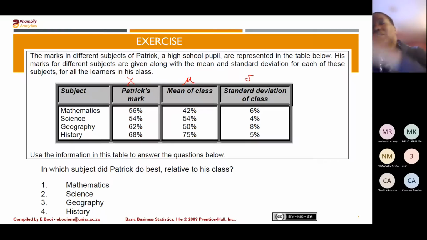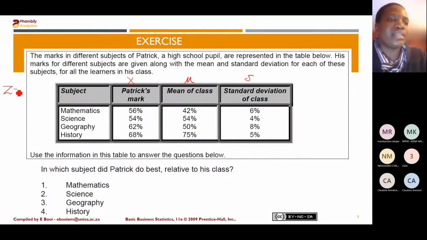It will not make any difference. In mathematics, I'm going to change the percentages to a decimal, and for the rest of them I'm not going to, because I just want to show you that you will still get the same answer.